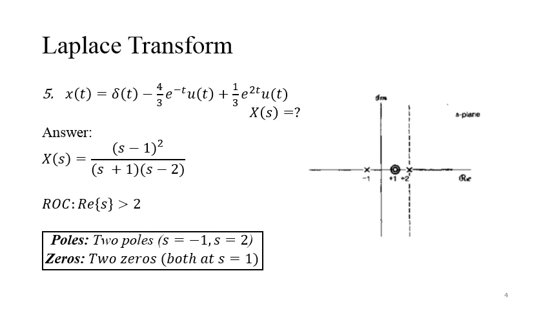So for example, we have a function x(t) equals impulse of t minus 4/3 e^(-t) u(t) plus 1/3 e^(2t) u(t). To plot the poles and zeros for this, first we need to find the transform of this function.